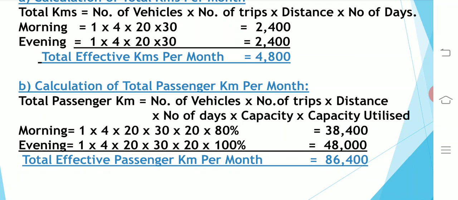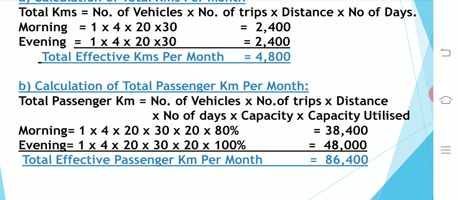One vehicle, 4 trips, 30 days, 20 kilometers distance, 20 seats capacity at 80%, that is 38,400. For evening, one vehicle into 4 trips into 20 kilometers into 30 days into 20 seats into 100%, that is 48,000.